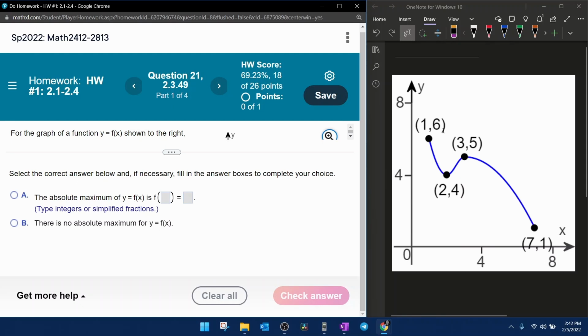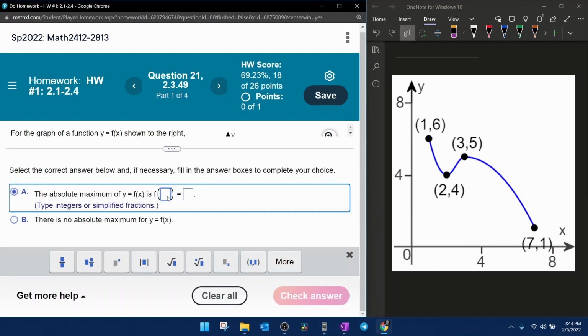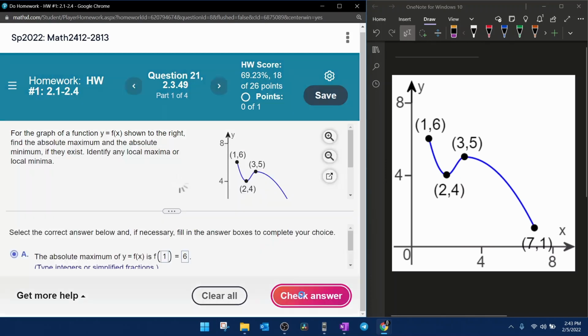And that's going to be 1, 6, because on this graph, that is the highest value that this graph achieves. So when x is 1, y is 6. The absolute maximum of y equals f of x is f of 1 is 6.